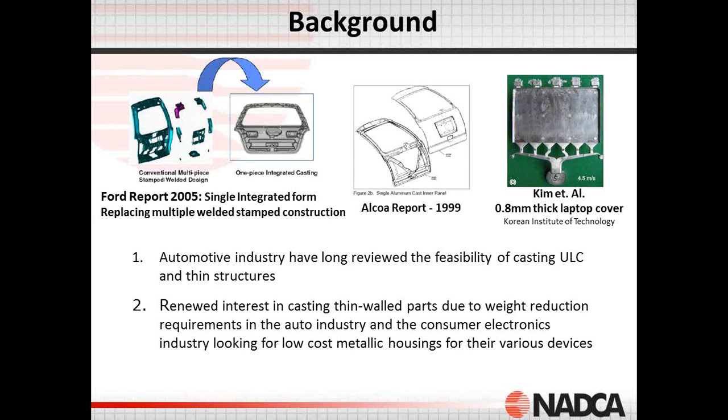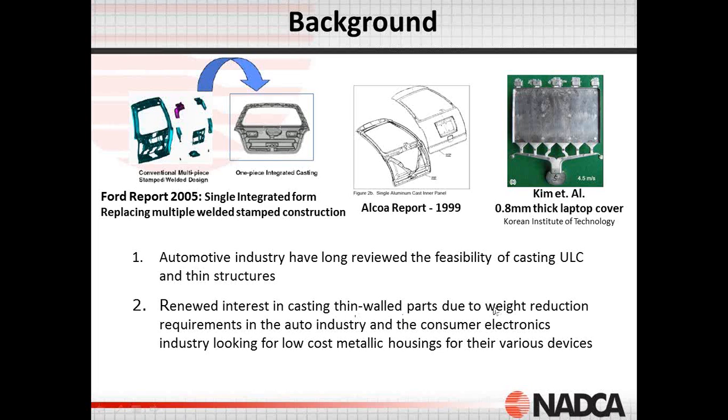For the background on this subject matter, I think many in the automotive world are already aware of the need to reduce the weight of cars. But even back in 1999, we can see reports published to look at the feasibility of casting very thin aluminum structures and replacing multi-piece stamped steel assembly into a single casting.